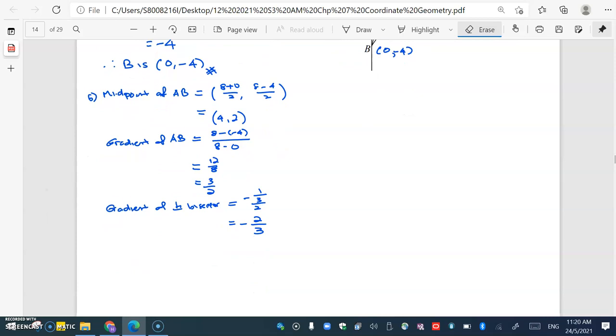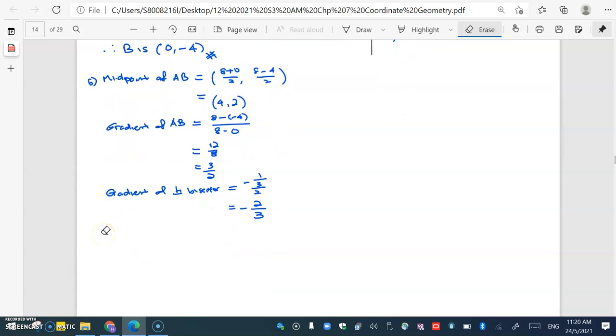The equation of the perpendicular bisector is y, and the coordinate we can use is the M coordinate. So y minus 2 is equal to negative 2/3 times (x minus 4).